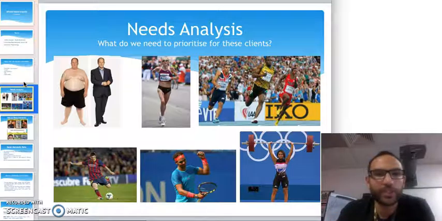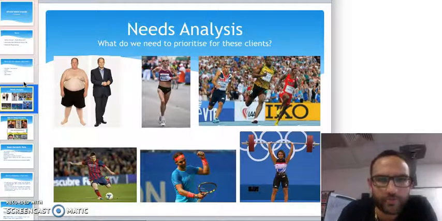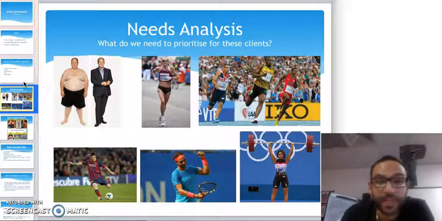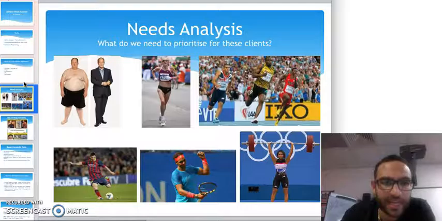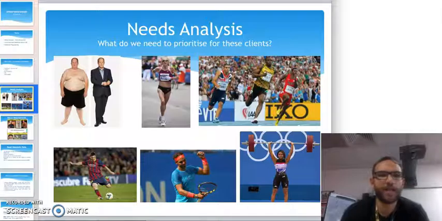If you look on the slide there, you'll see that depending on the different background, different sport, their requirements of macronutrients are going to be quite substantially different. My recommendation was that you use a sedentary person, so probably on this first person here, rather than considering you're going to be working with Rafael Nadal. Don't get your hopes up. But this will obviously have an impact on what kind of recommendations you put in place.